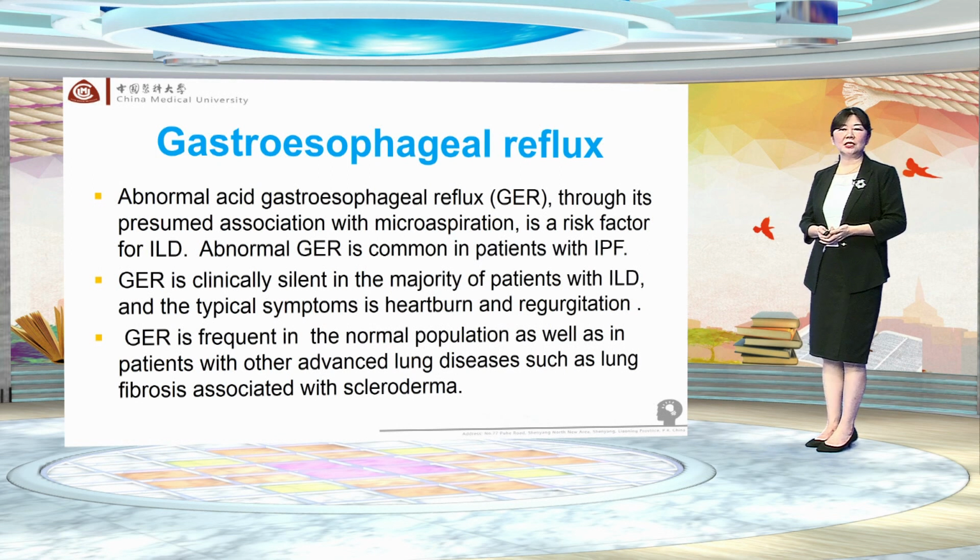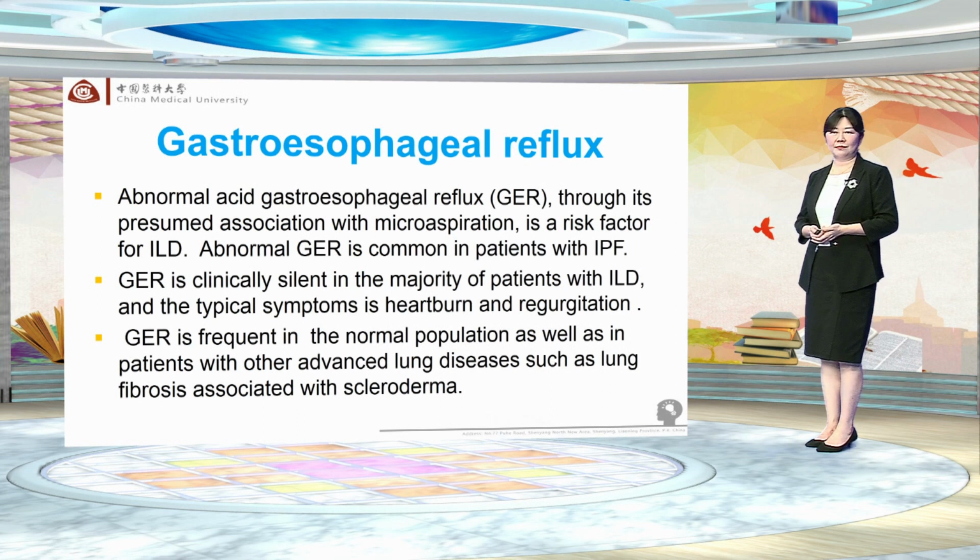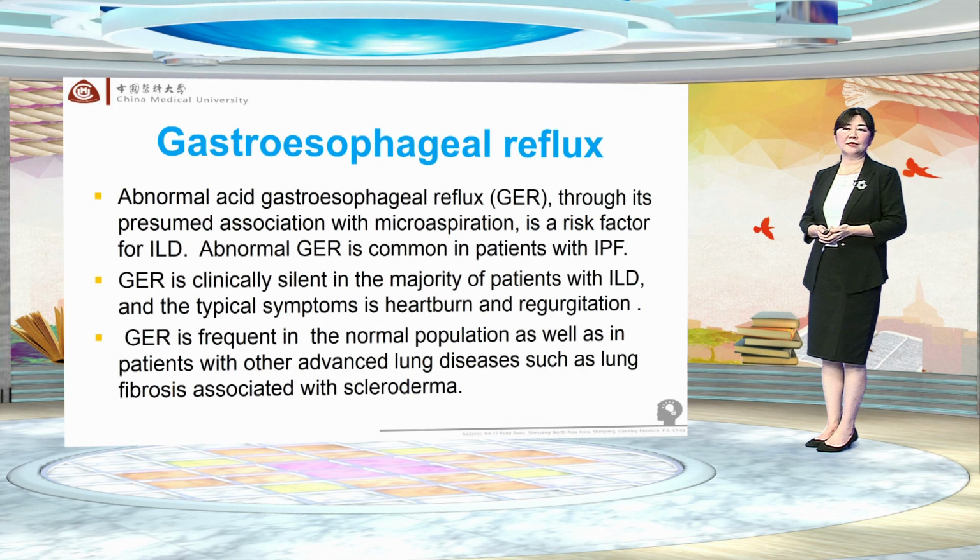The typical symptoms are heartburn and regurgitation. GER is frequent in the normal population as well as in patients with other advanced lung disease, such as lung fibrosis associated with scleroderma.